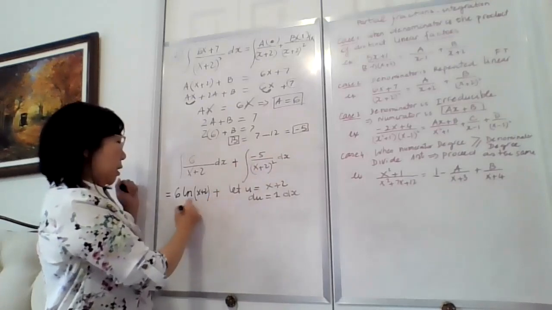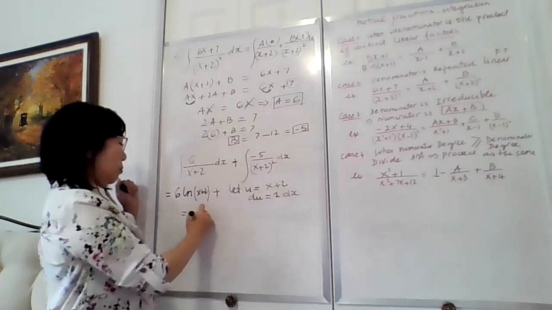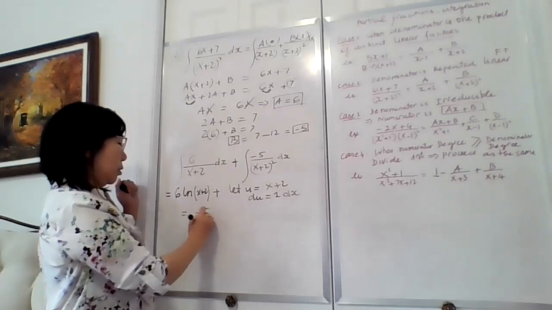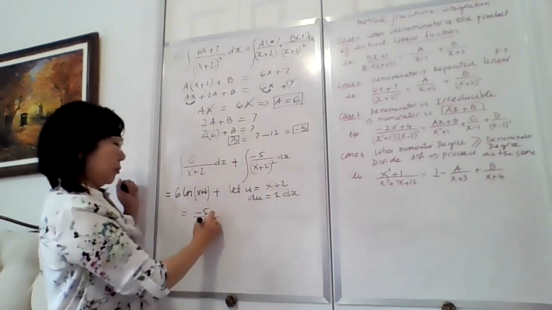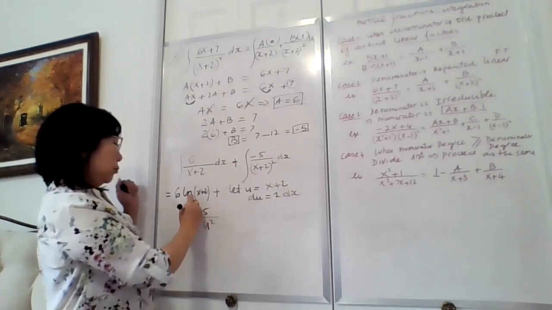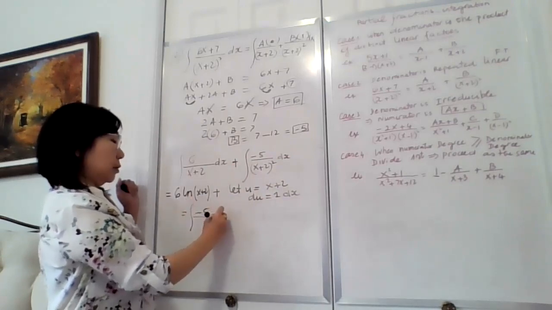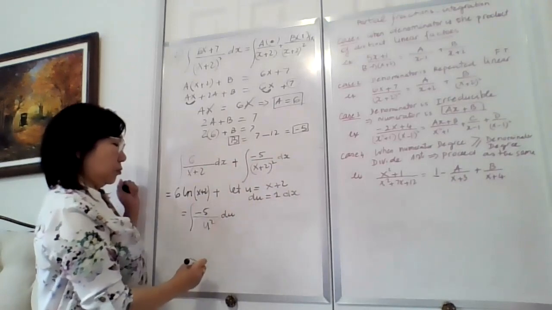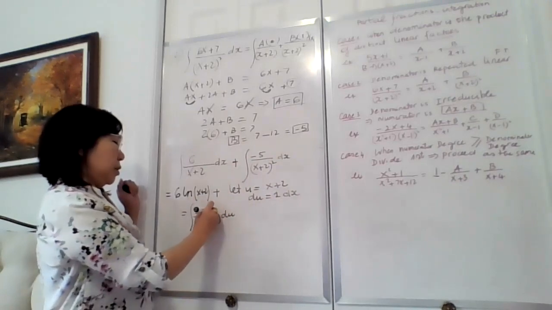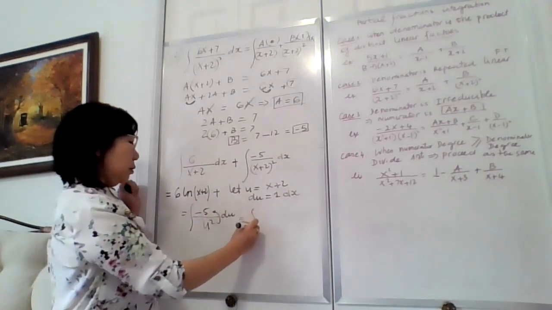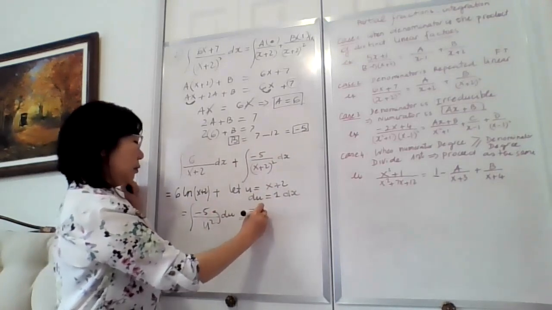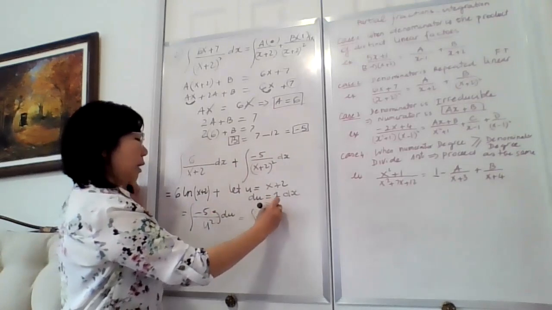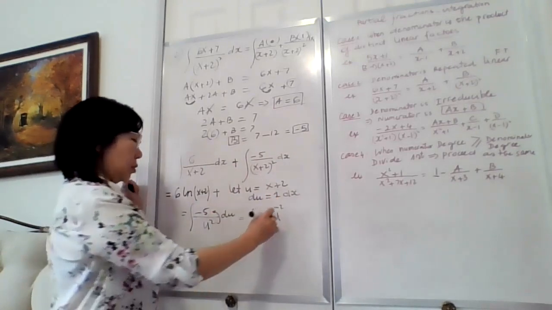So this will equal minus 5 over u squared, integrate du. Now I'm going to bring the u up, so I get minus 5 u to the minus 2 du.